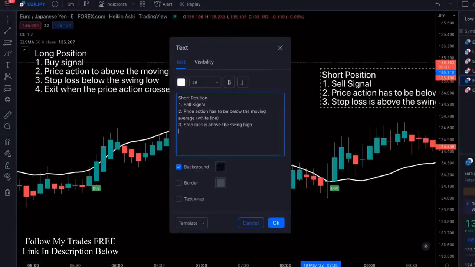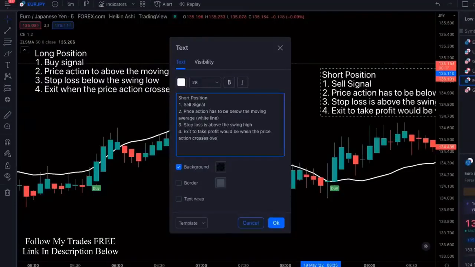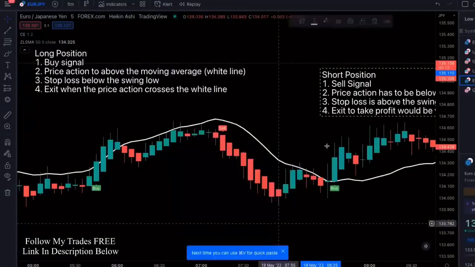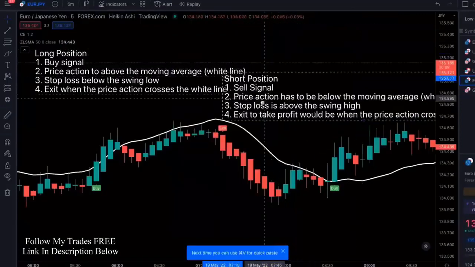All right. And again, the exit to take profit would be when the price action crosses the white line. All right. So you guys have all of these notes. You can make notes of these if you want.